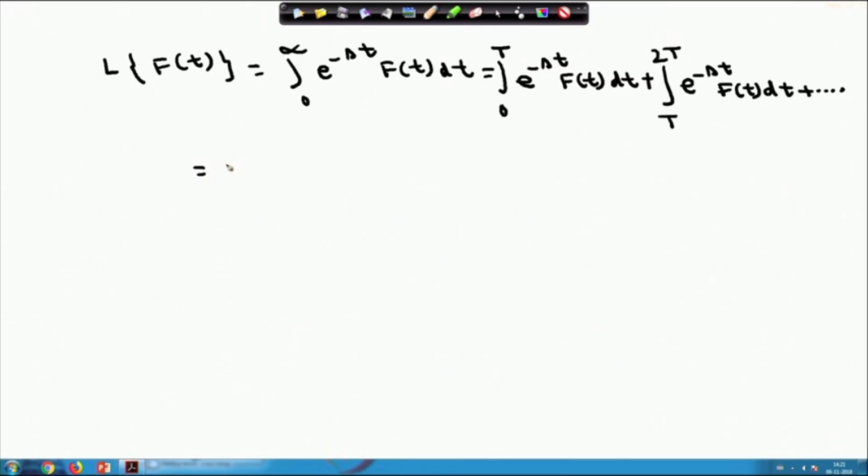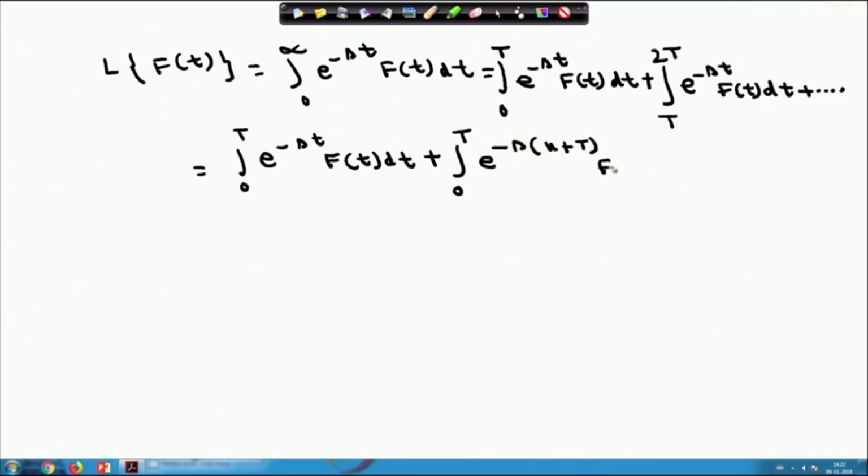Now, this equals, you can write down 0 to T, the first one will remain unchanged, e power minus st into f(t) dt, plus the second one, T to 2T e power minus st into f(t) dt, which I can break into 0 to T e power minus s into (u plus T) into f of (u plus T) du.